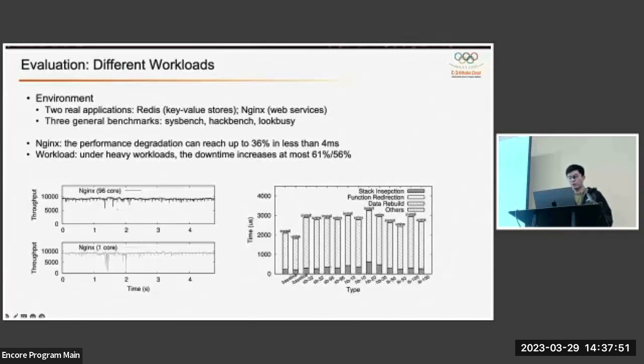In the worst case, the core throughput drops by 36%, but only lasts for 4 milliseconds. And even under several heavy workloads, such as sysbench and hackbench, the downtime increases at most 61%.